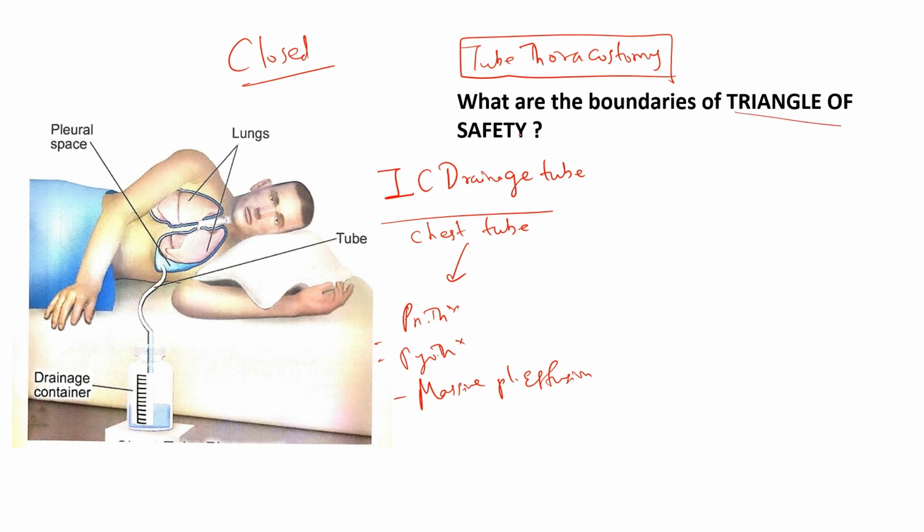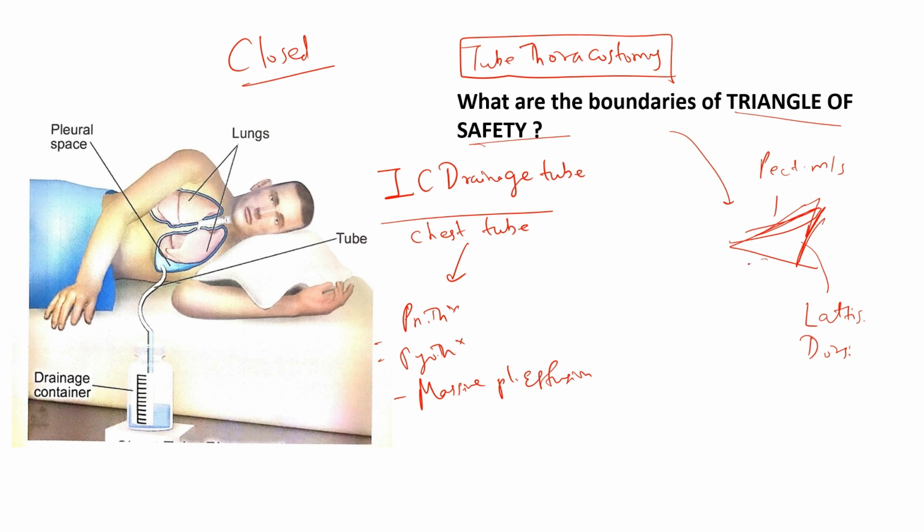safety. Okay. Now, what are the boundaries of the triangle of safety? As you can see, usually this triangle is formed anteriorly by the lateral border of the pectoralis muscle, whereas posteriorly it is formed by latissimus dorsi.